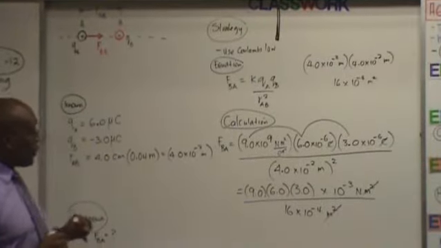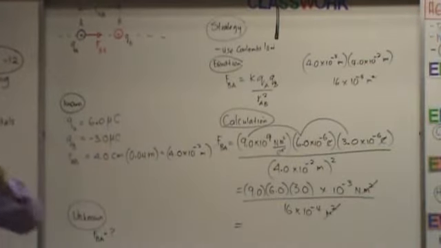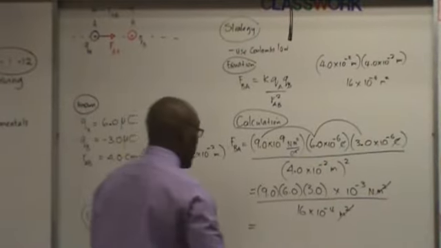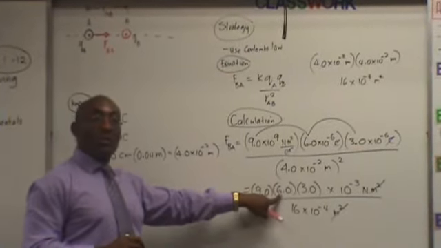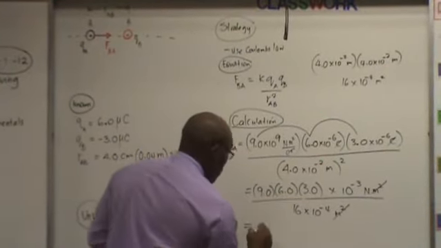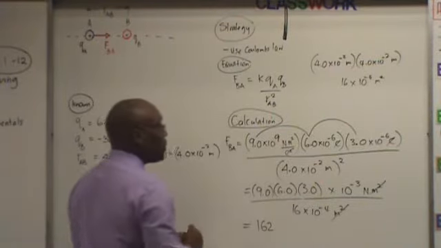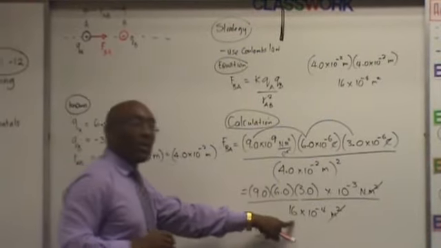Alright? So now what I'm going to do is take all the coefficients, put them together, and take all the exponents and put them together and crank out our answer. So 9 times 6, 54, times 3, 162, divided by 16.